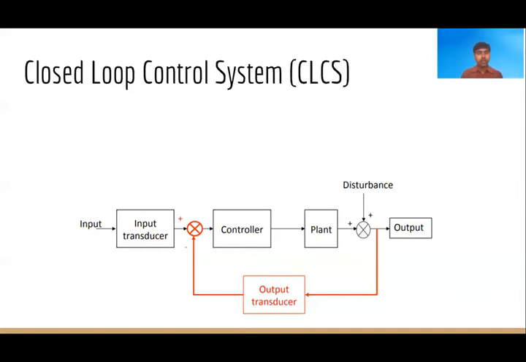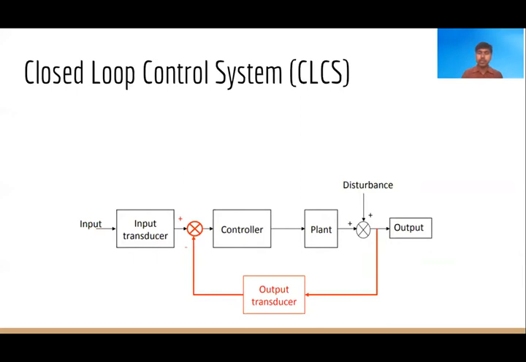Here, when the input is given, the transducer will convert the input from the physical form to a suitable form for the controller to take action on the plant. And the controller, depending on the error signal, will generate a control signal to the plant, thereby the plant produces some output along with the disturbance present at the plant.